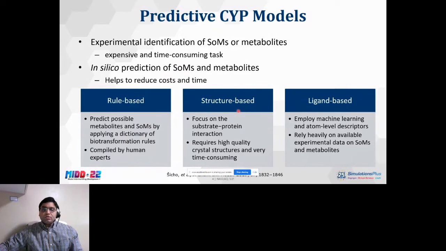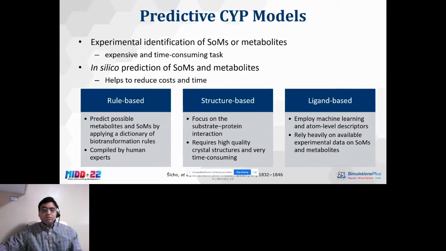When we look at the structure based approach, the objective here is to study the protein ligand interactions, and a lot of CYP crystal structures have been solved in the literature which can be used to study these interactions and possible sites of metabolism.